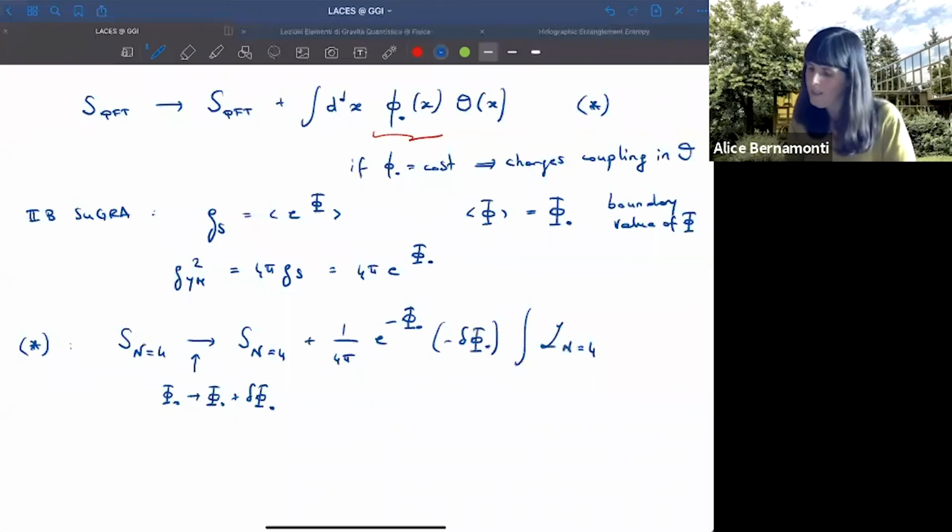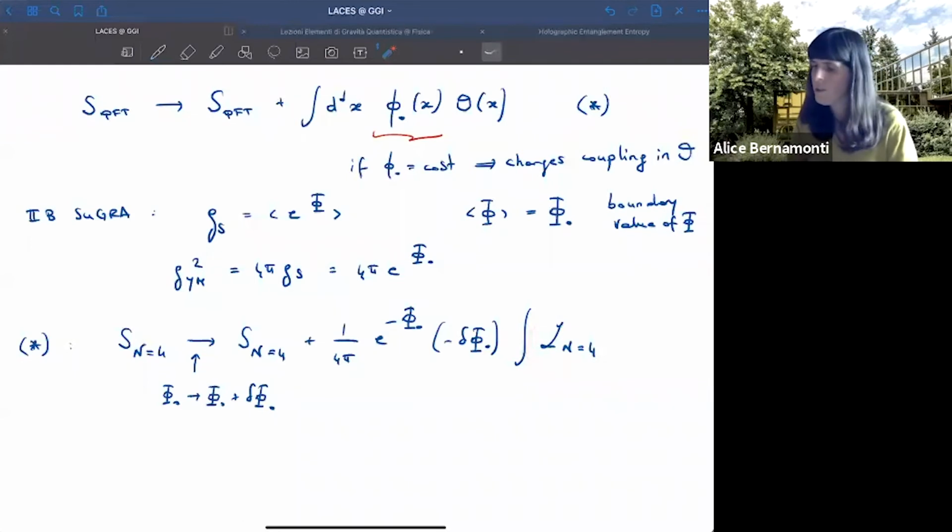From this point of view, that makes it clear that the bulk dilaton field phi corresponds to the boundary operator, the entire N=4 Lagrangian.